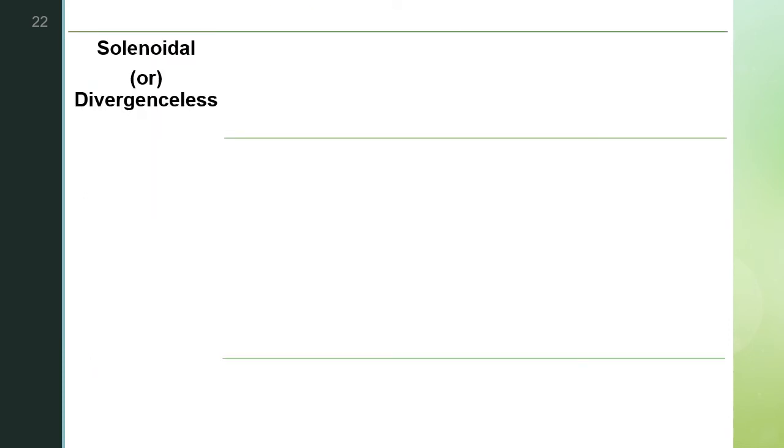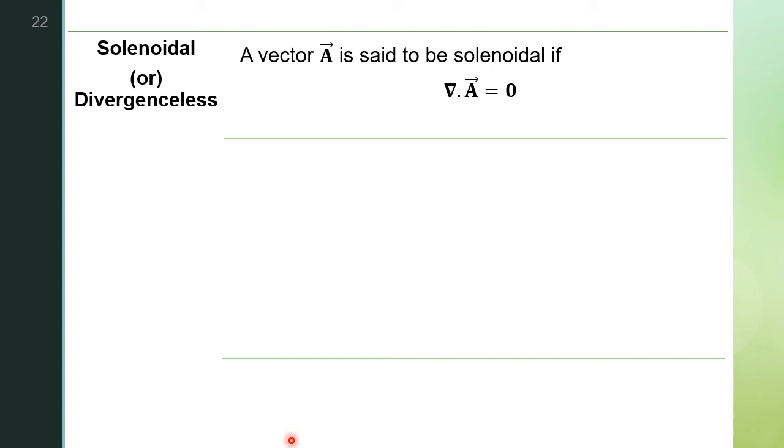Now we'll see two special types of vectors called solenoidal and irrotational vectors. A solenoidal vector is also called a divergence-less vector. A vector A is said to be solenoidal if the divergence of the vector is equal to 0, that is, if del dot A is 0.